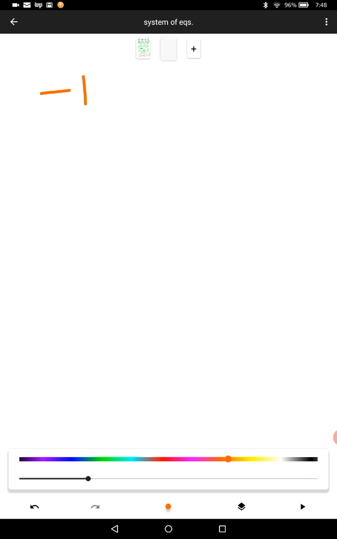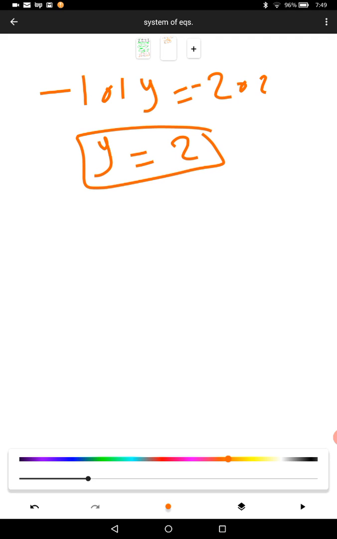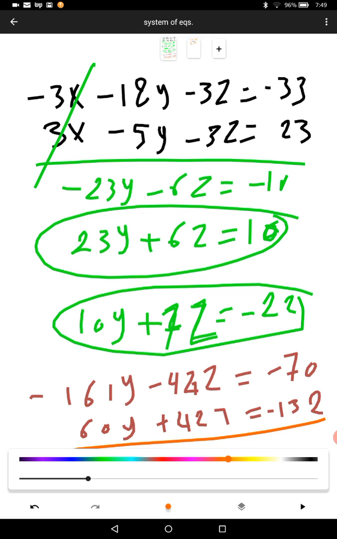Because we canceled z, we divide by 101, so y equals 2. Now that you have y, you can plug it into any of the equations we got, this one or this one, to find z.